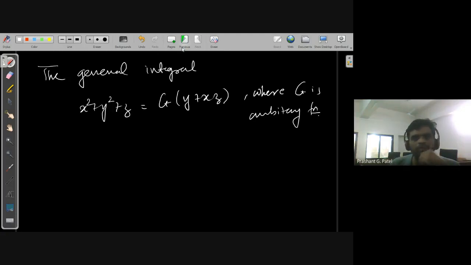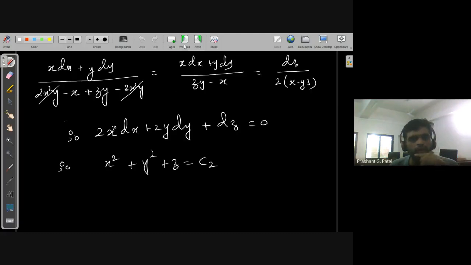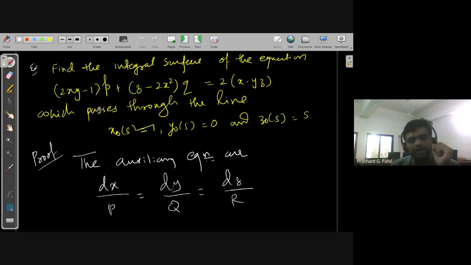Now, what is the question? The question is to find the integral surface passing through this curve.